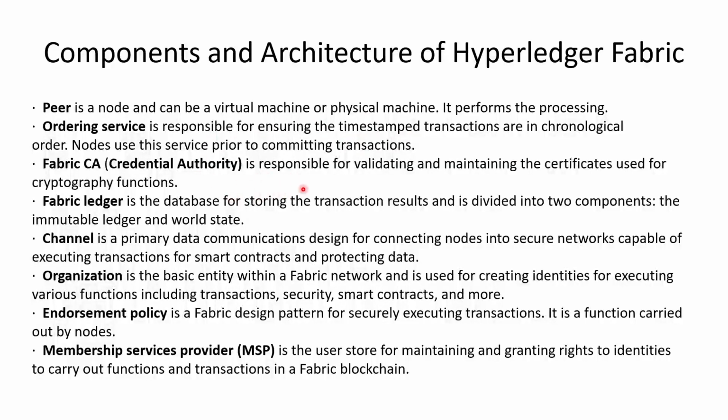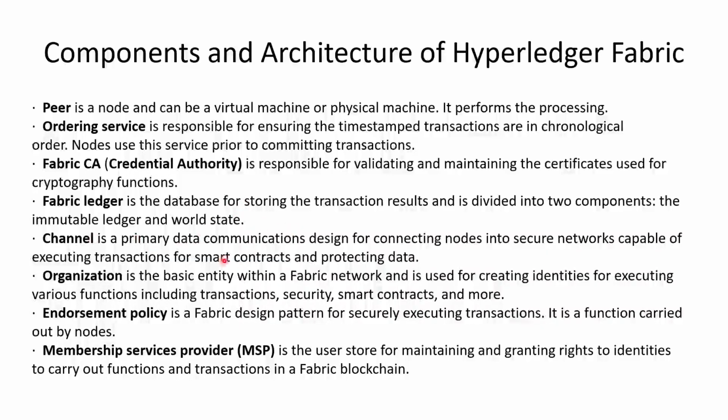There is also a credential authority, and the Fabric ledger is a database for storing the transactions that result from the two parties. The ledger is immutable, and the database is in charge of tracking the current state of the ledger, sometimes called the world state.